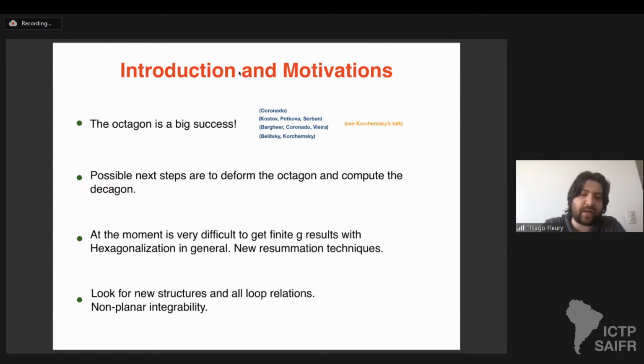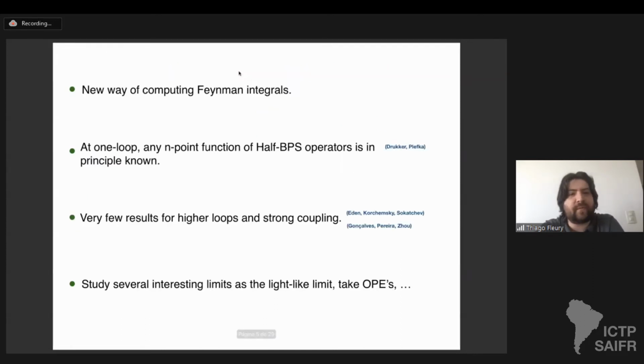And also, if somebody wants to know about non-planar integrability, these hexagons are one formulation that I think is now the only one from which we can learn more about non-planar integrability. So keeping with my motivation, I mentioned that it's possible to find new integrability expressions for some Feynman integrals, very high loop Feynman integrals. So this will give some new way of understanding these integrals.